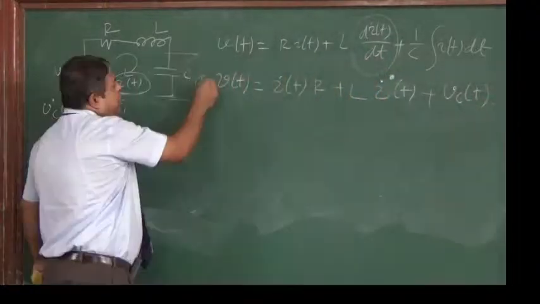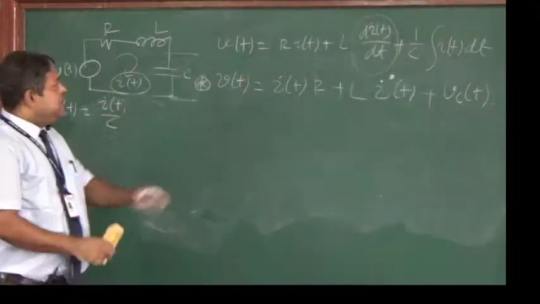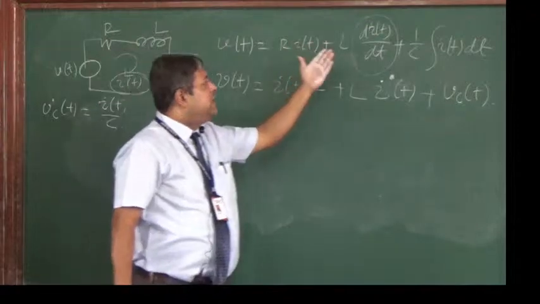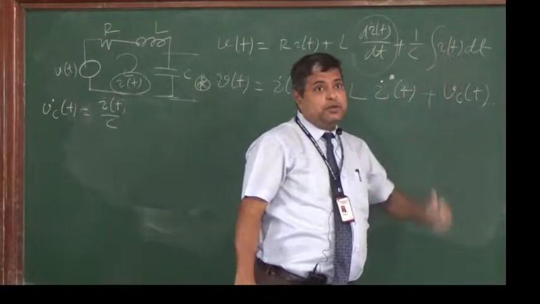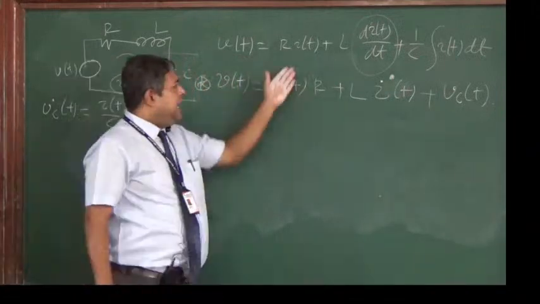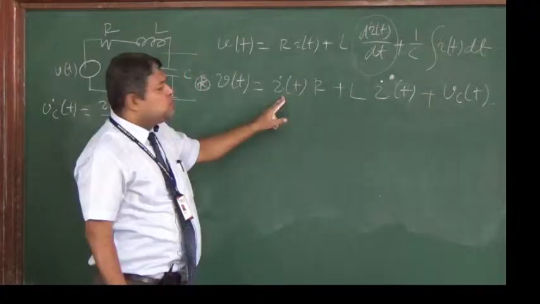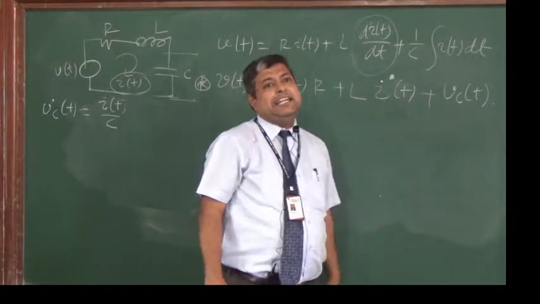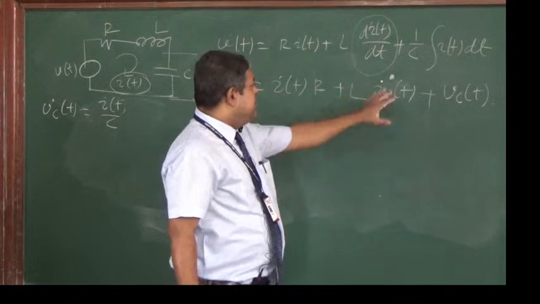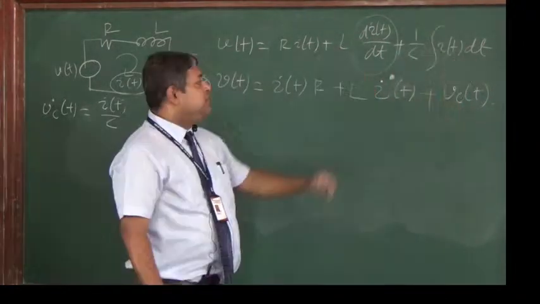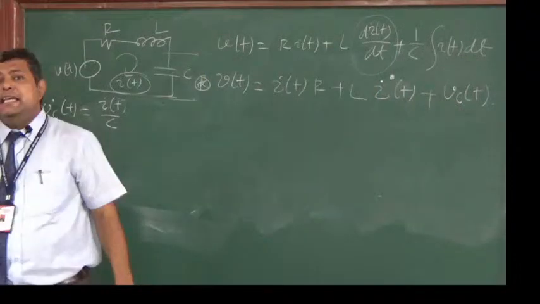Try to understand this line. The first line is v(t), the input voltage, equal to resistive voltage, inductive voltage, and capacitive voltage. In the second line, i(t) is kept as i(t) only. This is one state variable. And this di(t)/dt I am representing as i dot (t), and this L remains as L. And this capacitive voltage is nothing but vc(t).